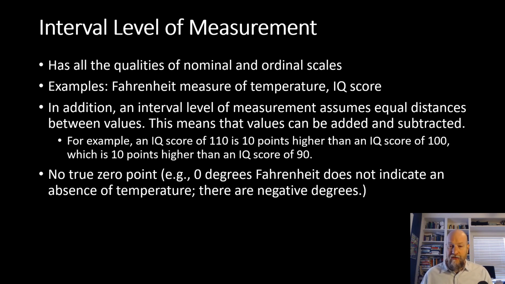We'll talk about ratios in just a moment. For example, 80 degrees Fahrenheit is not twice as hot as 40. Think about that for a moment. When we talk about ratios, we can compare things in that way. In a ratio scale, which we'll discuss in a second, 100 is twice as good as 50, for example.